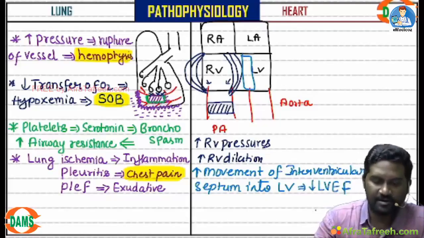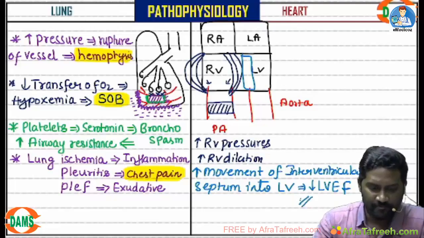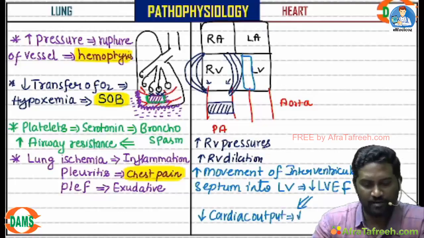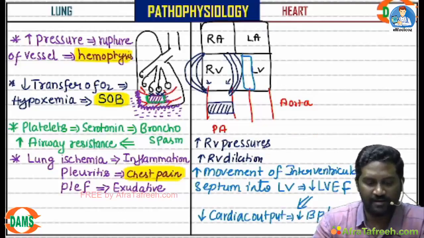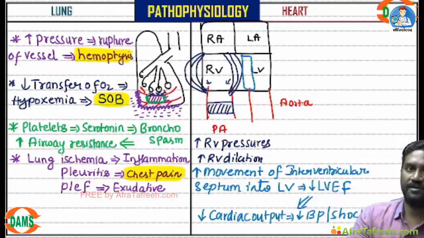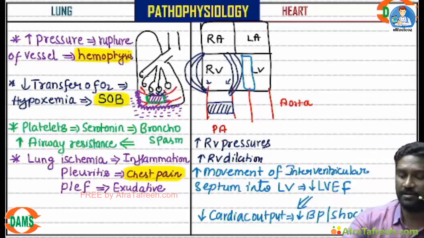Whenever there is reduction in left ventricular ejection fraction, there will be reduction in cardiac output. That will in turn reduce blood pressure and the patient will land up in shock.